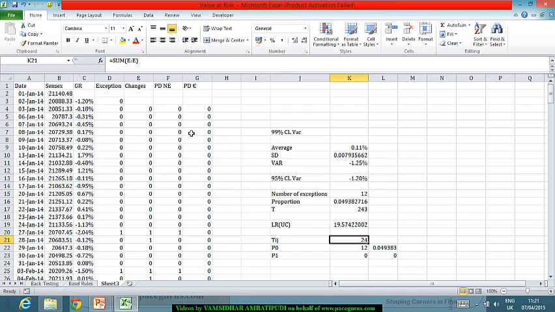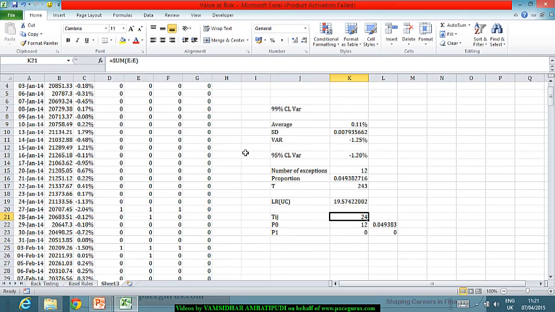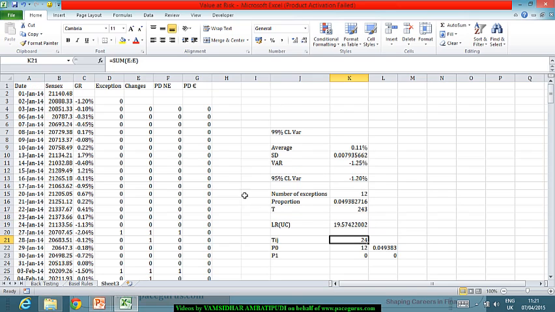I can find out each of these, substitute all of them, and get the value of my independence statistic.